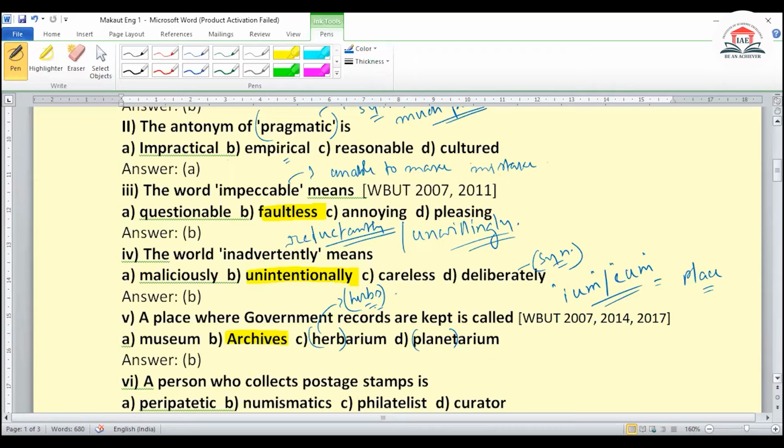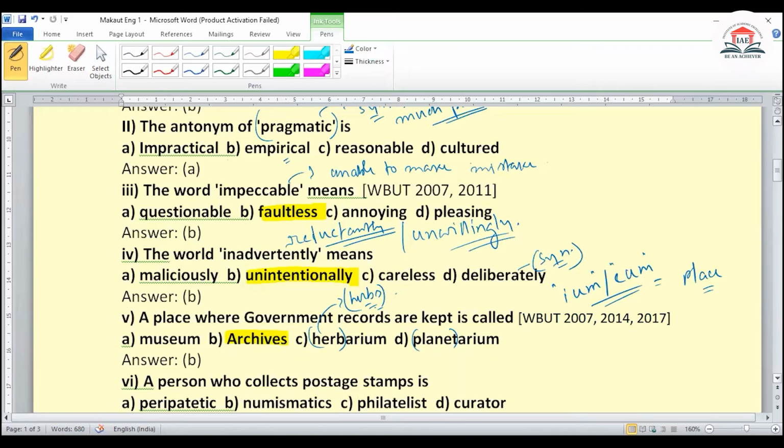Curator. Who is a curator? In case of museum, I have just said that it is curio items. Now, who is a curator? A person who is given the responsibility, in charge of supervising these curio items in museums.